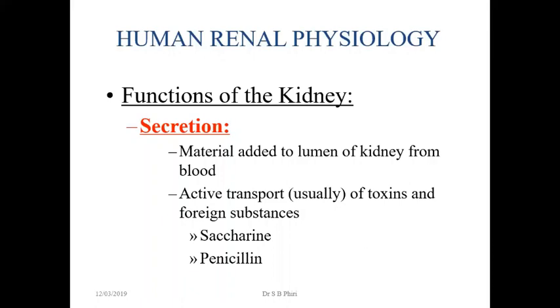So the body will try now to preserve blood supply to the vital organs, especially the brain. So you find that there will be conflicting information. The autoregulatory mechanism would want to maintain a certain amount of blood to the kidneys, but there is the nervous system that will come in, the autonomic nervous system.